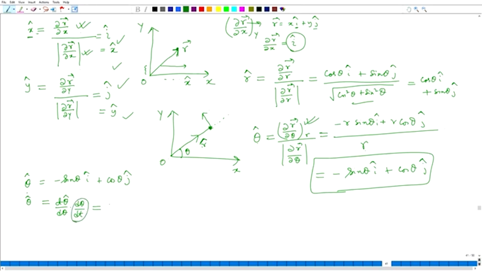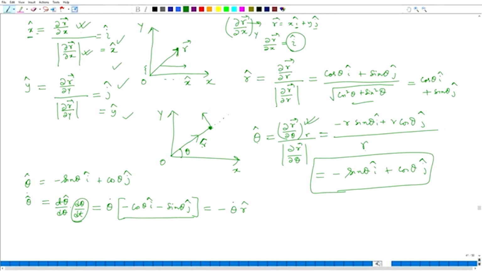So, d theta by dt is theta dot, and this is minus cos theta i cap minus sin theta j cap, which is nothing but minus theta dot r cap, because cos theta i plus sin theta j is r cap.